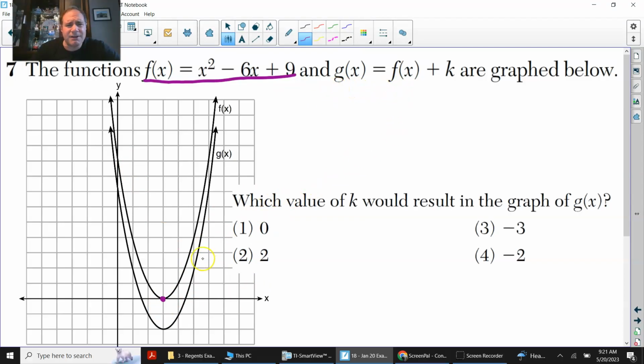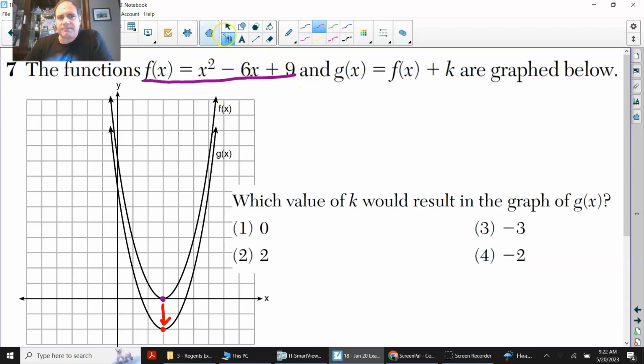So we're talking about that graph right here. And then they want to know what happened to the g of x graph to move it down 2. If you don't know what will translate it down 2, you really have to use your calculator.